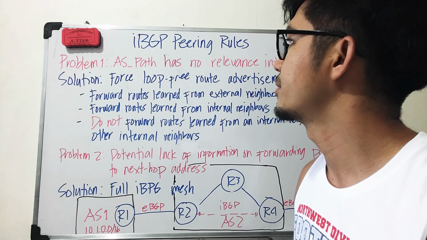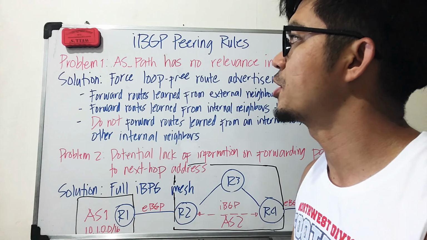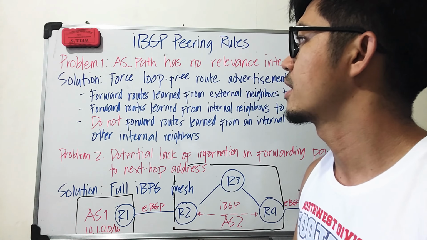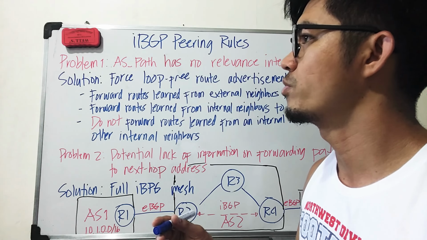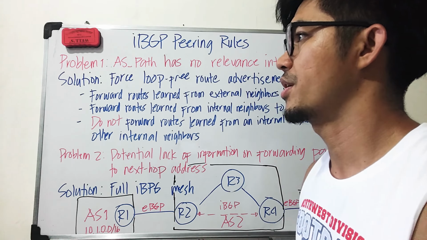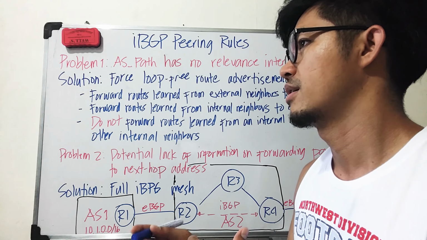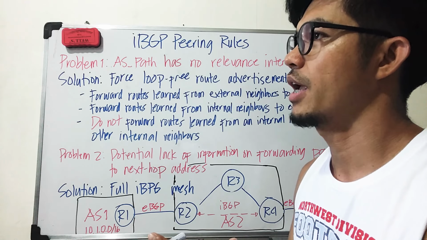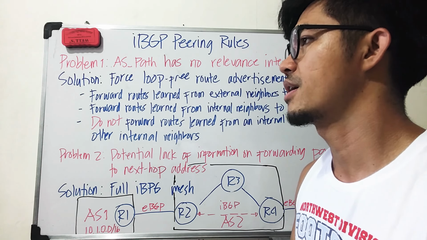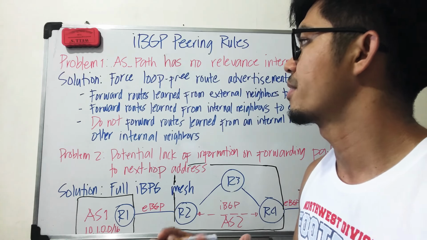So iBGP looks at its own local autonomous system if it receives a route, and if it sees its own autonomous system, it drops the route.